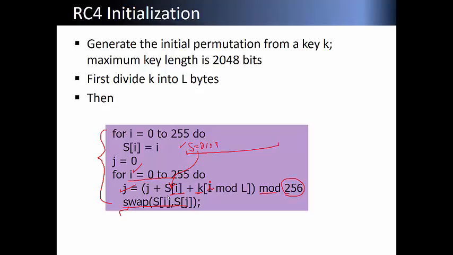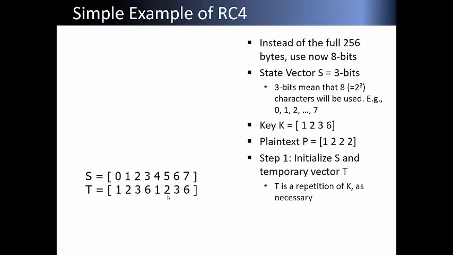If you want to do it manually, it's almost impossible, right? So for our manual example, we want to make it simple. Use 8 values only. Let's assume the key is 1236 and the plaintext is 1222.